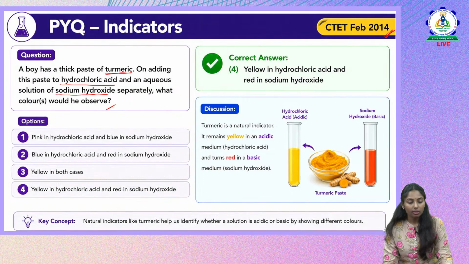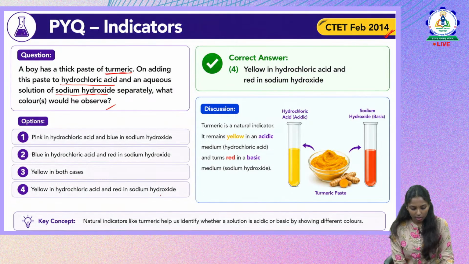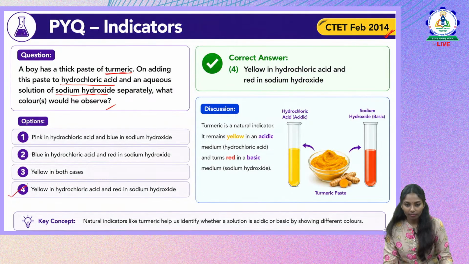The options are pink in hydrochloric acid and blue in sodium hydroxide, blue in hydrochloric acid and red in sodium hydroxide, yellow in both cases, yellow in hydrochloric acid and red in sodium hydroxide. So we have talked about how in hydrochloric acid it stays yellow and how in case of base it turns reddish brown. So our option is option number 4, right?